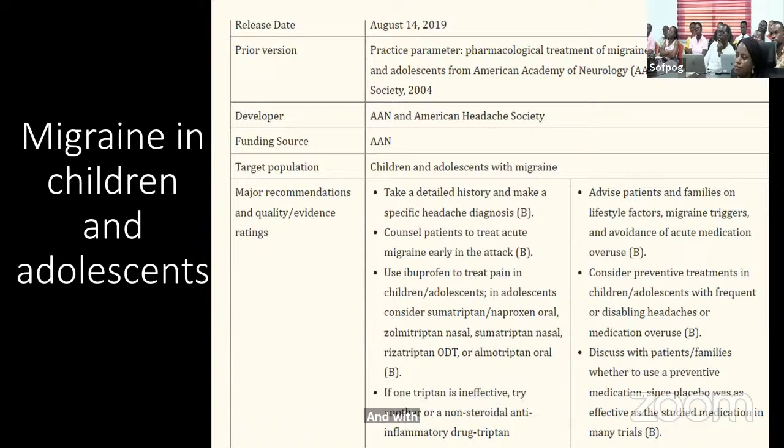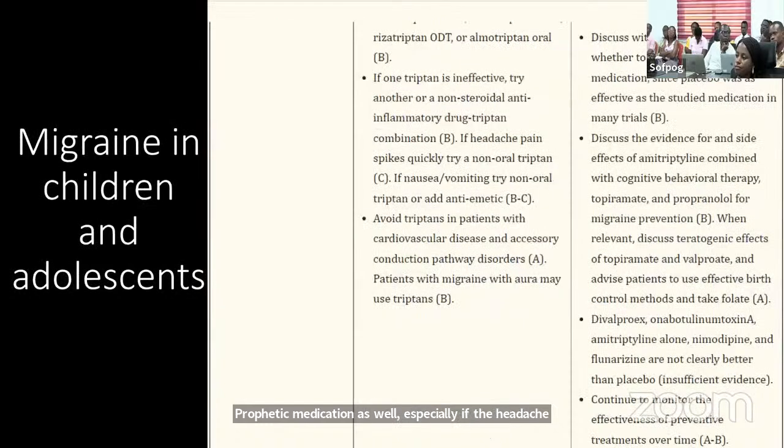And if they qualify for prophylactic medication, we may consider prophylactic medications as well, especially if the headaches are severely disabling for them. It's quite similar to medications that are given in adults as well, especially for children above the age of 12.